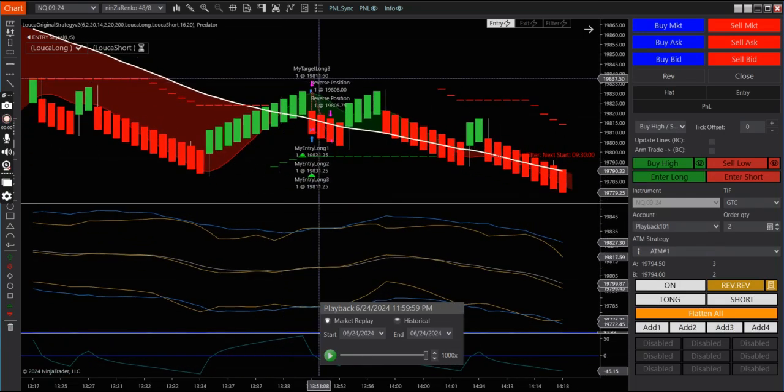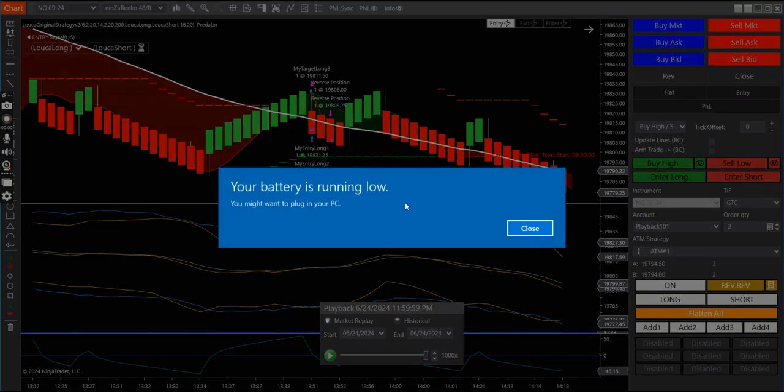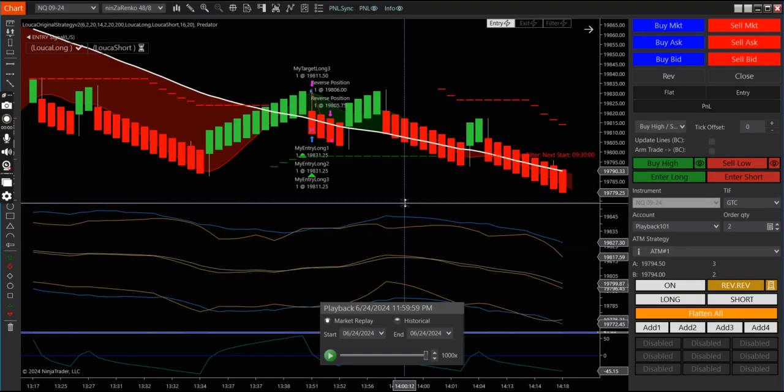So the strategy is that, let's say you have the signal candle to go long. Now it won't enter at the signal candle. Oh, my battery's going dead. Let me plug in my power. Okay. So let's say I go long and I get the signal.